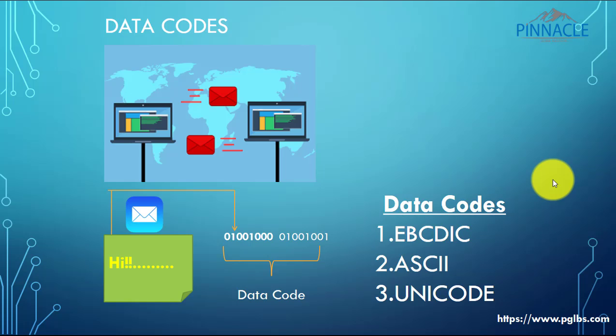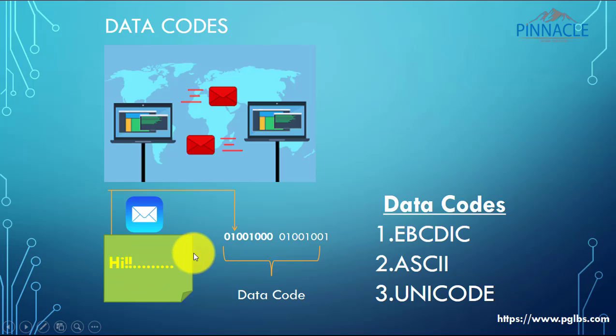So this is the ASCII code of H, which means that H has a unique binary value. For example, the binary value of H is 01000100 and the binary value of I is 01001001. Similarly, you have a binary value for the exclamation mark as well.